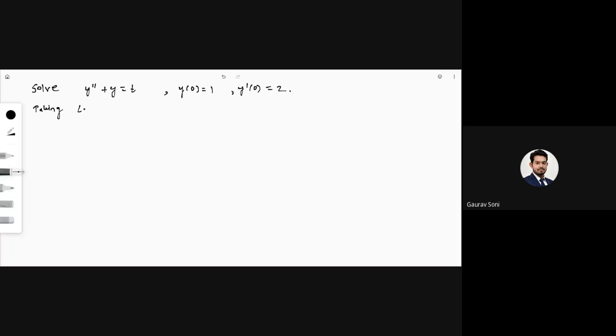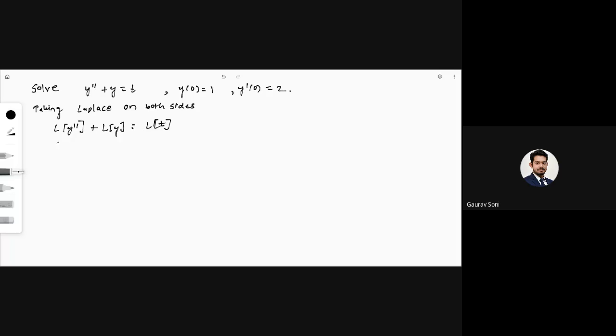Taking Laplace on both sides. So Laplace of y double dash plus Laplace of y is equal to Laplace of t.